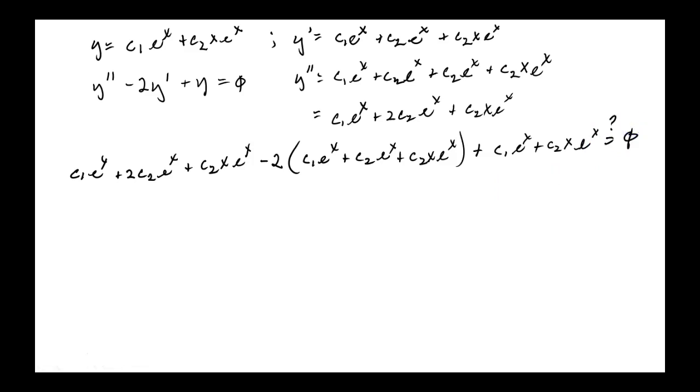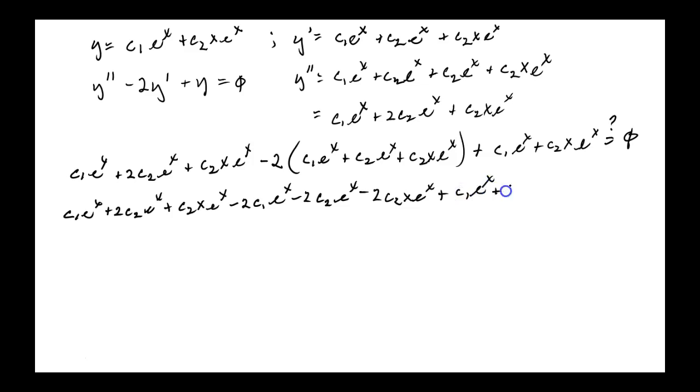Well, what we need to do is clear the parentheses, so let's do it. C1 e to the x plus 2C2 e to the x plus C2x e to the x minus 2C1 e to the x minus 2C2 e to the x minus 2C2x e to the x plus C1 e to the x plus C2x e to the x.